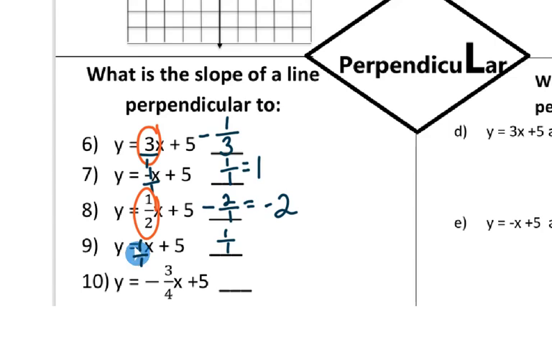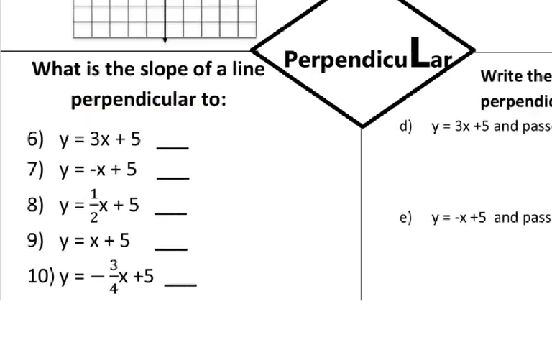But it used to be positive, so now it has to be a negative. Number 10, very easy. We need to flip it. So when we flip it, it becomes a 4 over 3. We need to change it. It was negative, so now it's a positive. So perpendicular is a long word, so we need to do the longer step, which I call flip and change. Flip it and change the sign.